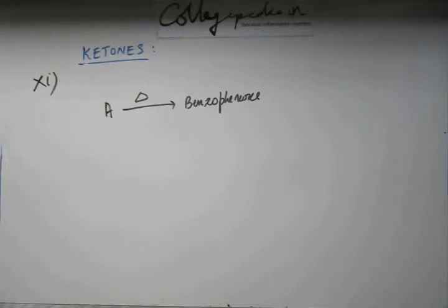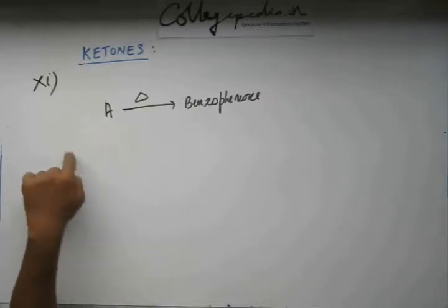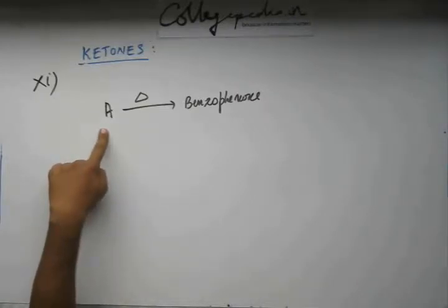And as far as the reactions we have studied up till now, there are two reactions in which only heat is the reagent and nothing else. One was beta keto acid decarboxylation. If you remember, that reaction we studied in the method of preparation of ketone. And the last reaction that we have studied also uses only heat, that heats the calcium salt of carboxylic acid. Now this can either be a beta keto acid or it can be a calcium salt of carboxylic acid.